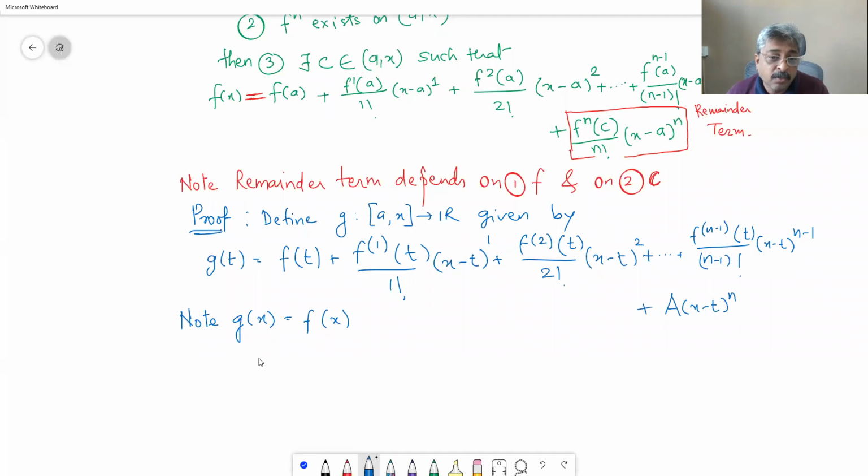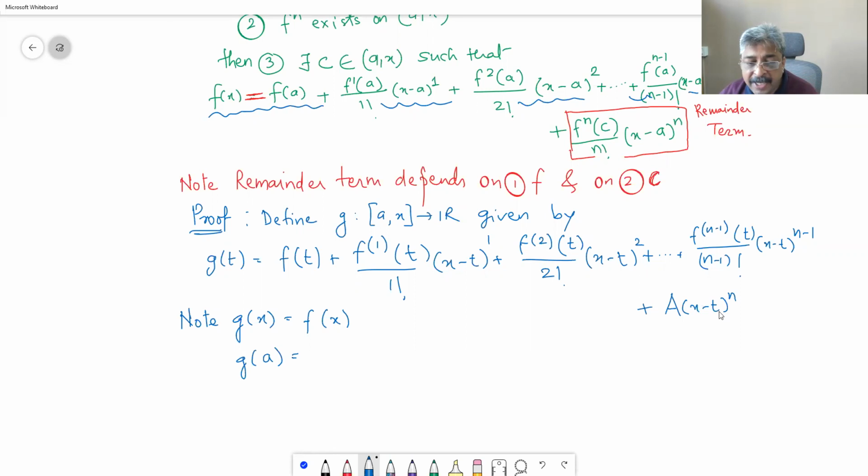And what is g of a? That means you are supposed to substitute a in the place of t. Are we getting this equation with only a here? Because that is what we are supposed to prove.